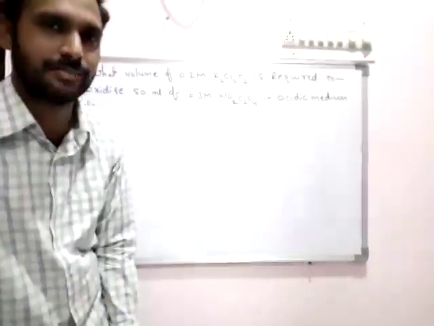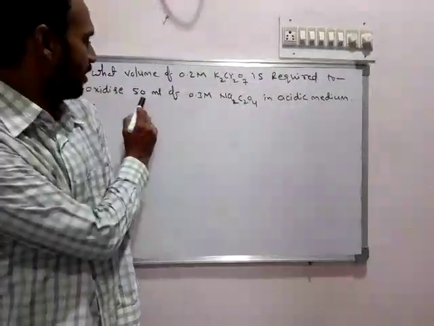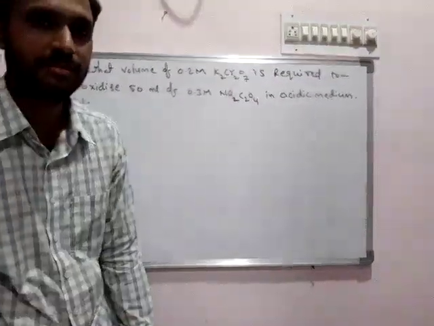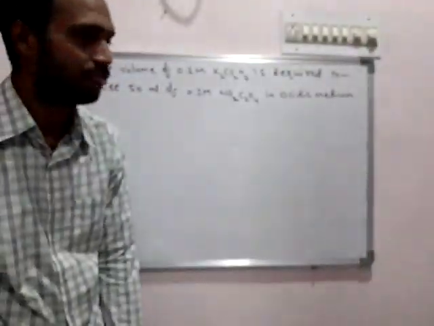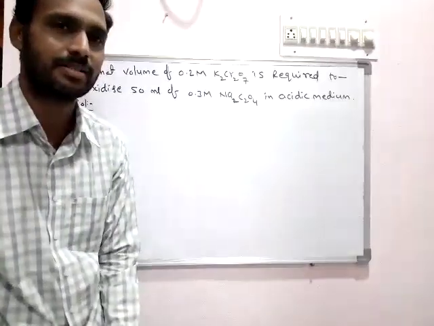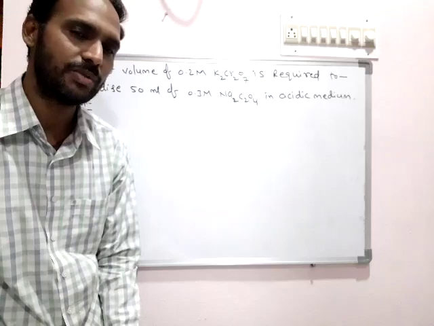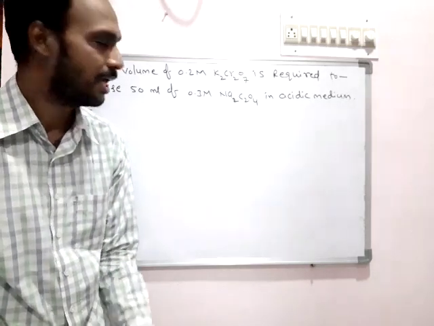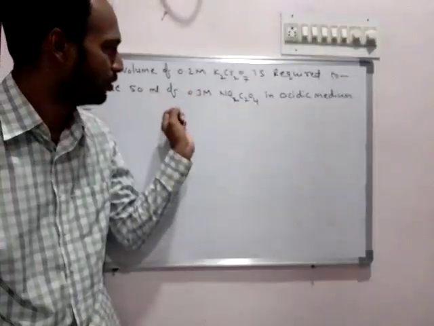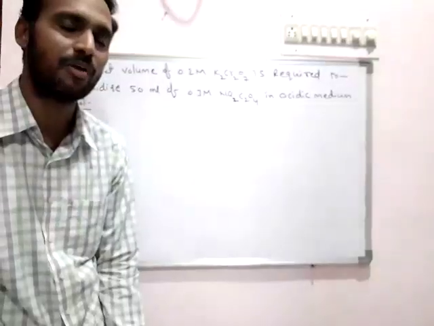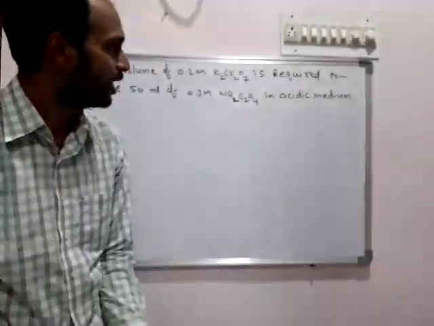They are also given in terms of volume, so we must equalize their milli equivalents. If no volume terms are given, at that time we need to equalize their equivalents. Here it is given in terms of volumes, so we can equalize them in terms of milli equivalents. Here what is the oxidizing agent?